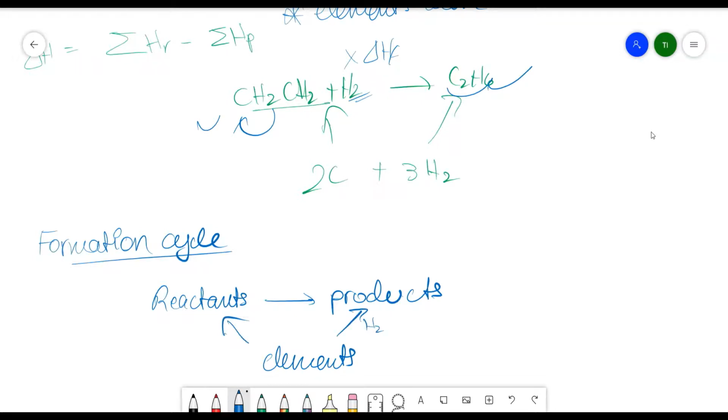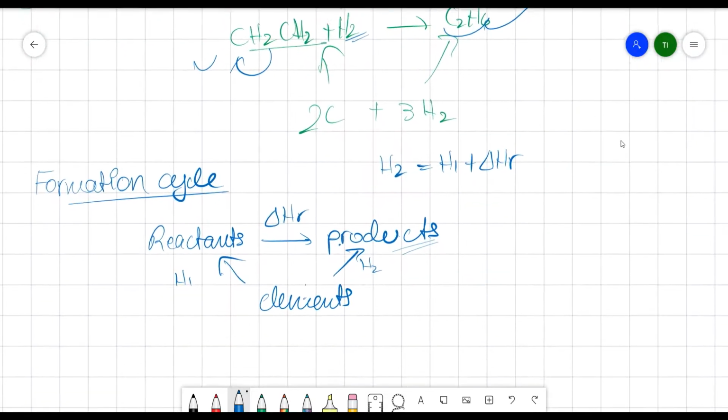This I write as H2, this I write as H1, and this I write as delta HR, the enthalpy change of reaction. By following the cycle and familiarity with vectors, you know that H2 is equal to H1 plus HR. Either way, your final product is the same and the conditions are the same, so the enthalpy change from the elements to the products directly should be equal to H1 and HR together. I hope that makes sense. That is how Hess's law comes into play here.